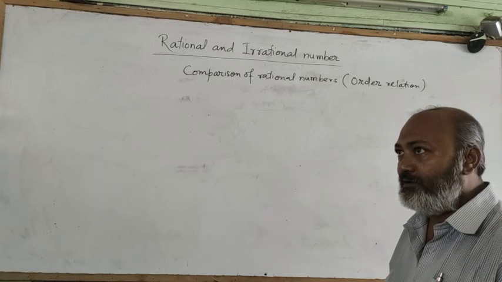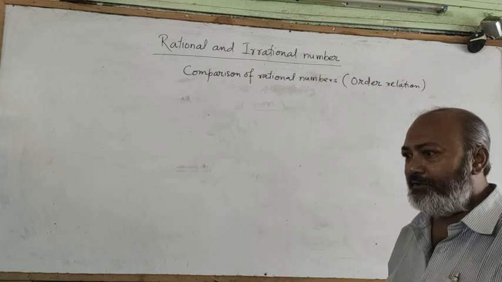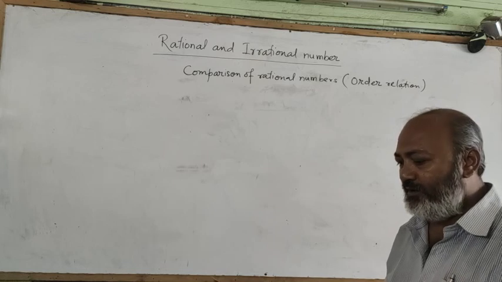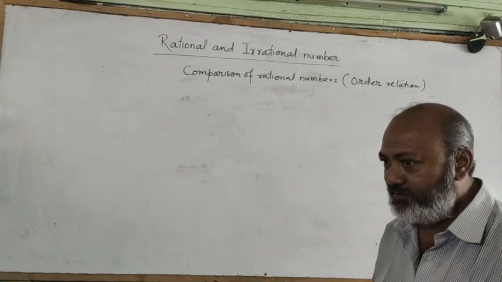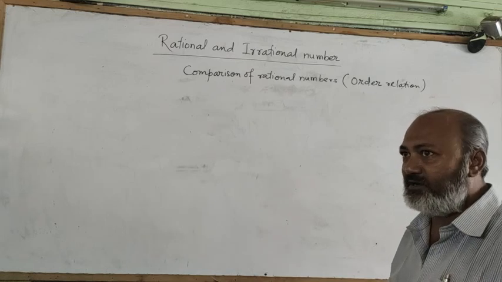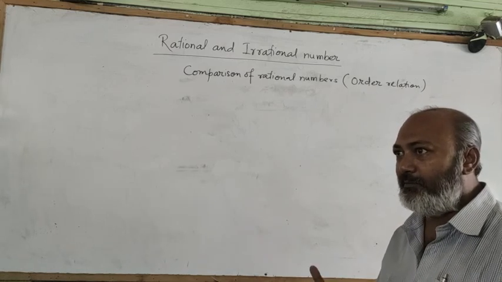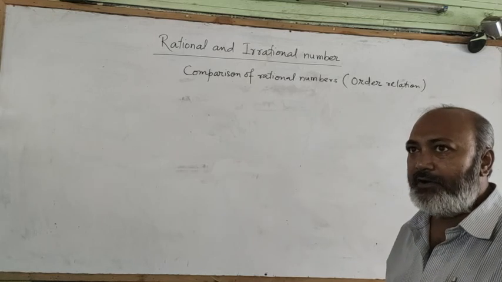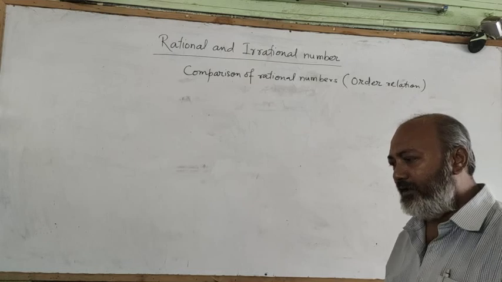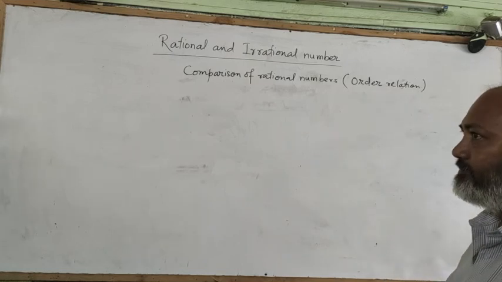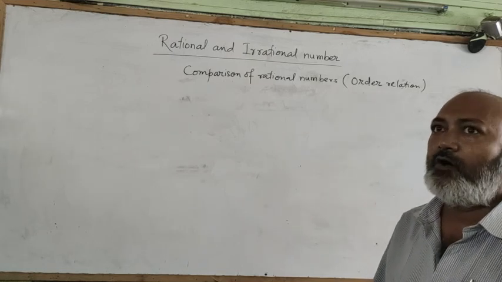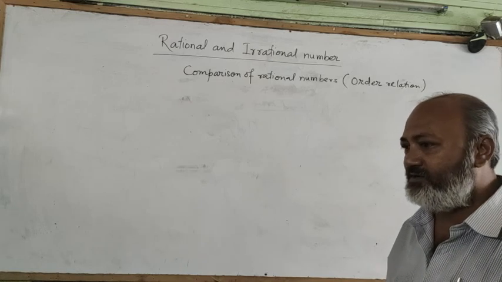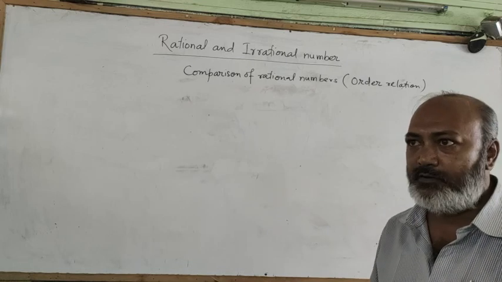While comparison is made between two numbers or more than two numbers, we first see whether these numbers are equal or unequal, meaning less than or greater than, or sometimes we make an order relation. Making comparison of numbers means we are setting the order relation: which number is greater, which is less, which is equal.